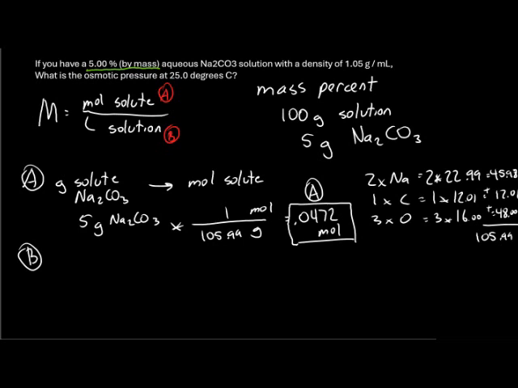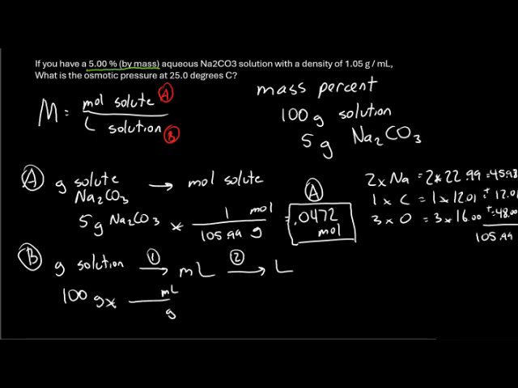For part B, to get the liters of solution, we'll start with our grams of solution. We cannot go straight to liters. We have to stop in the middle at milliliters and then go to liters for a 2-step conversion. Our grams of solution were 100. We'll multiply by a fraction to get out of grams and into milliliters.